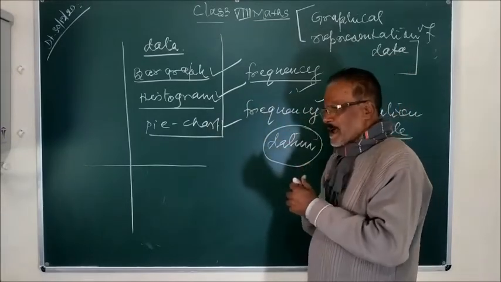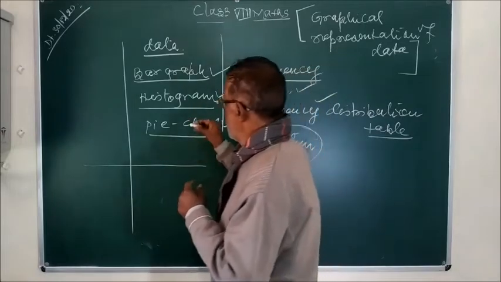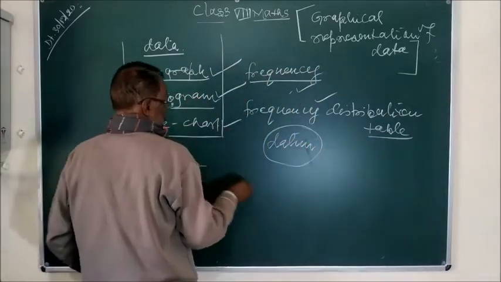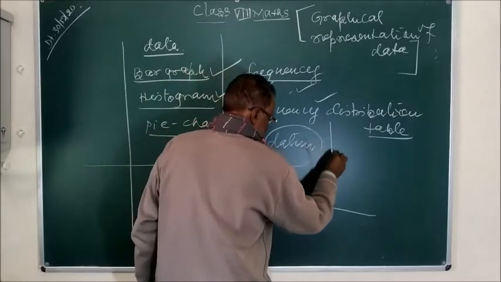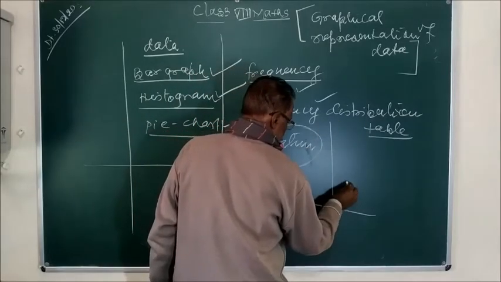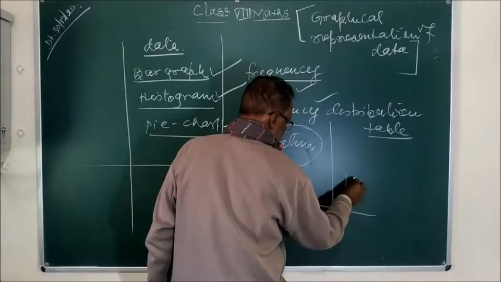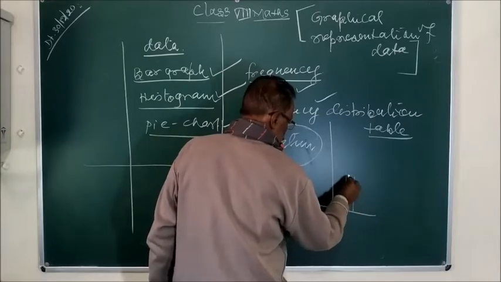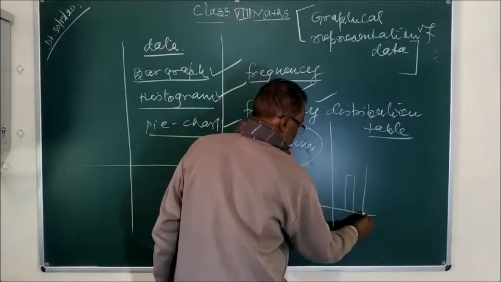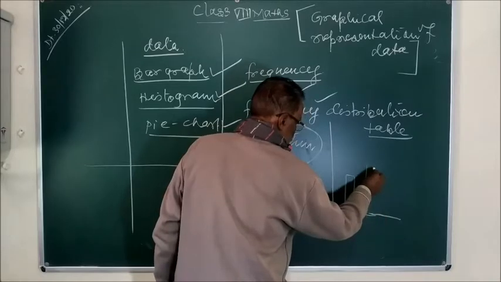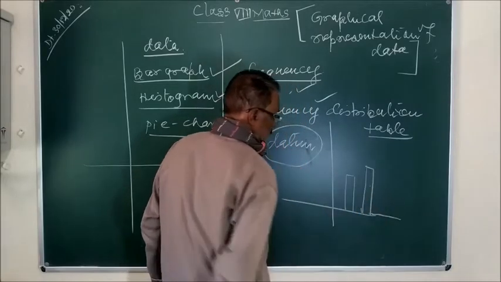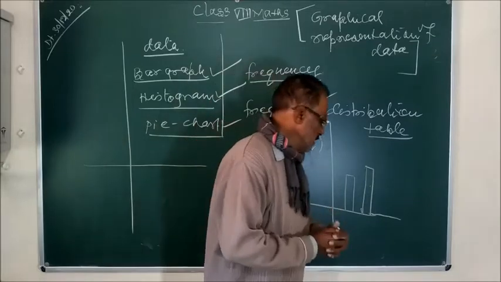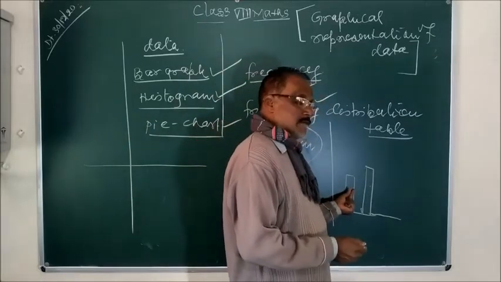The bar graph, in the bar graph you can understand with the words. When we plot the information given, this bar may be in a rectangular shape, maybe horizontal or maybe vertical, with equal width.